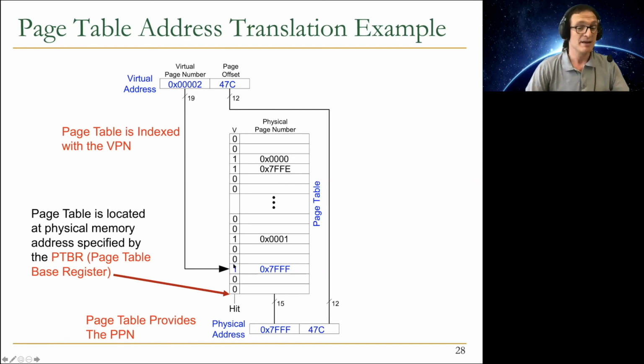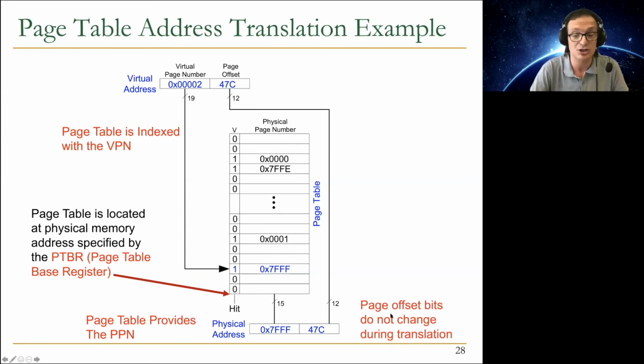If the page table entry at the virtual page number coming from the virtual address is valid, you basically replace the virtual page number with the physical page number that's inside the page table entry, and that's your physical address concatenated with the page offset. And now you can access your cache hierarchy. Okay, sounds perfect, right? So page offset bits do not change during translation, as I showed you earlier clearly.